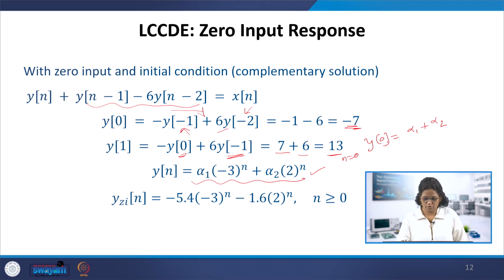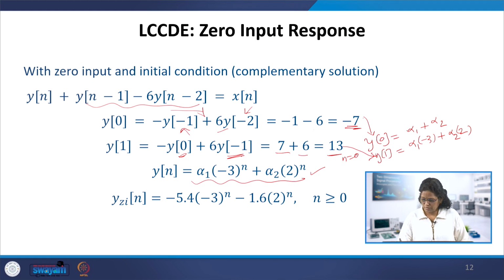So, we get one equation, and then substituting y of 1 here we have alpha 1 times minus 3 plus alpha 2 times 2. So, we will have two equations here. y of 0 is substituted over here, and y of 1 substituted over here.